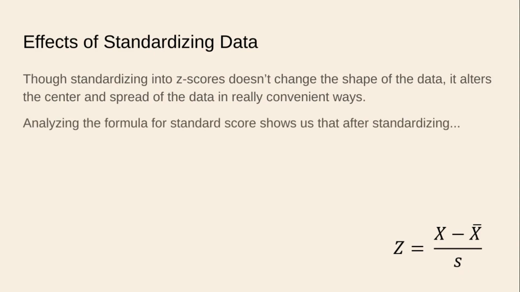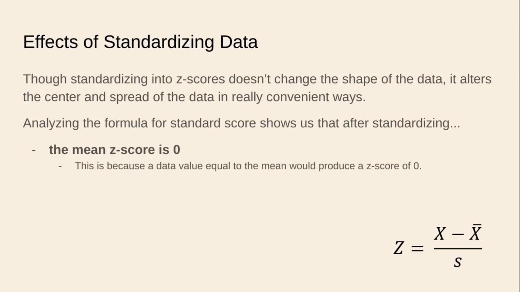Okay, analyzing the formula for standard score shows us that after standardizing, the mean z-score is 0. All right, so after we standardize, the mean z-score is always 0. Well, why? Well, the data value equal to the mean would produce a z-score of 0. Think about it.